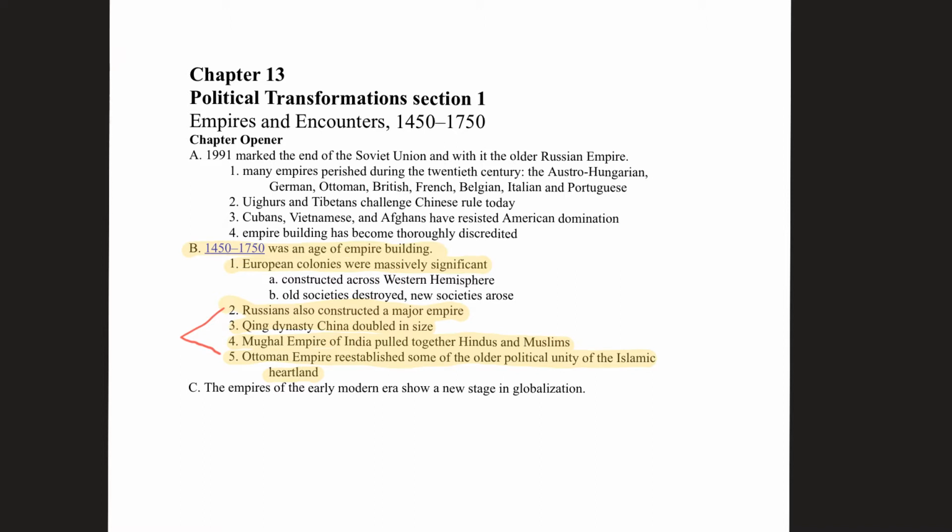Basically, what all of these guys are doing, whether it's the Russians, the Chinese, the Mughals, or the Ottomans, is beating up their next-door neighbors. The Europeans, on the other hand, are going to have to do something completely different that will set them apart from everybody else here.